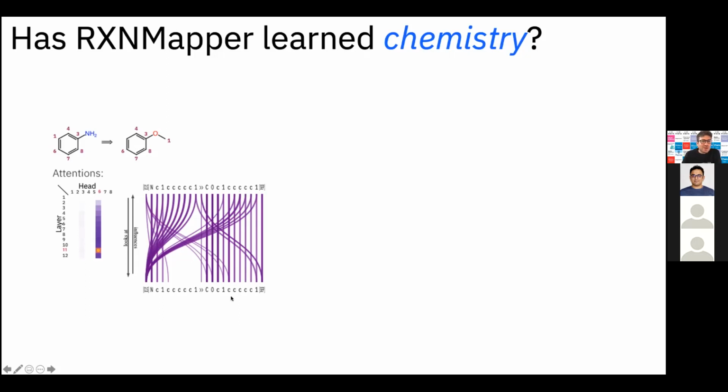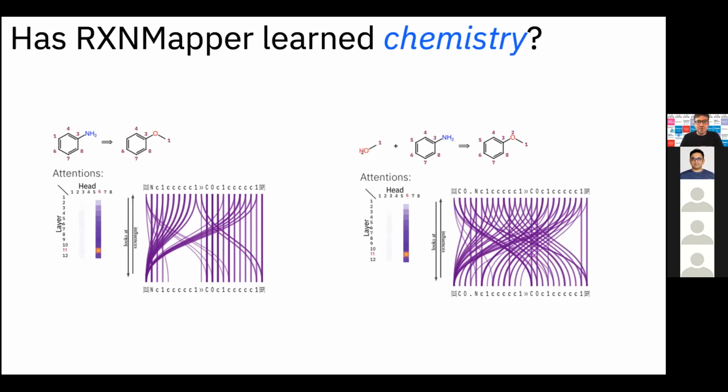If you look here, most of them are just straight. So Reactionmapper is basically telling you this is not valid chemistry. And as soon as you make the input reaction slightly more chemically reasonable, you recover this nice atom mapping pattern in this head, and it also maps the reaction correctly.